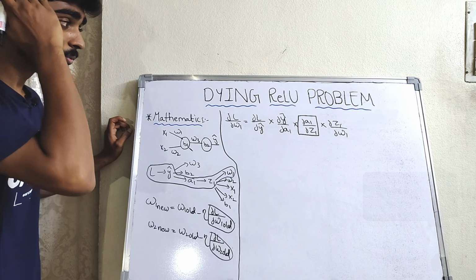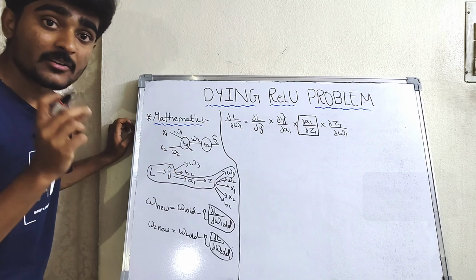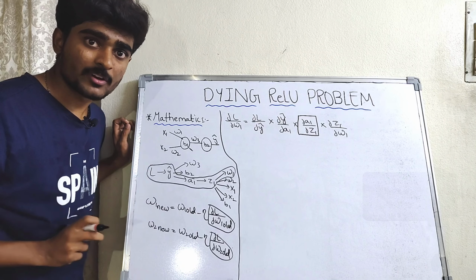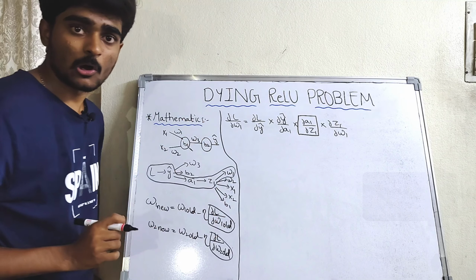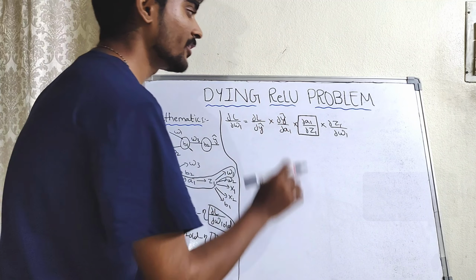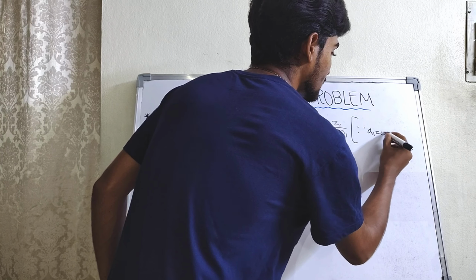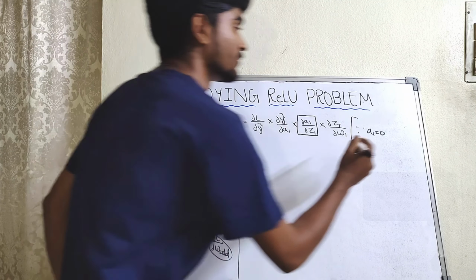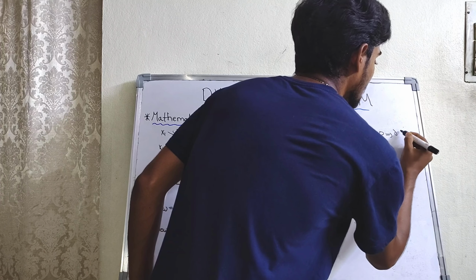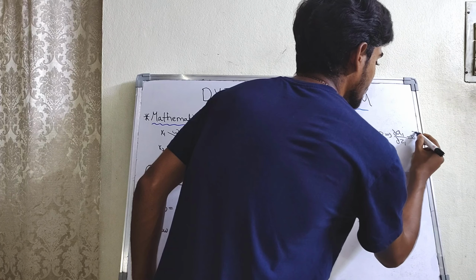When I apply the ReLU activation function to this node, and my z value is negative, then the activation function output will be 0. When the activation output is 0, dou A1 by dou Z1 is 0.